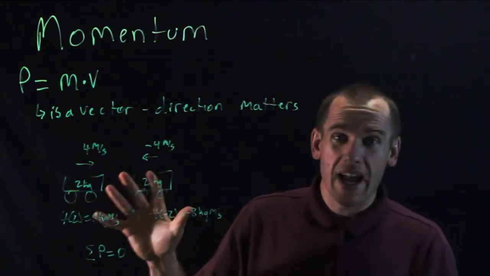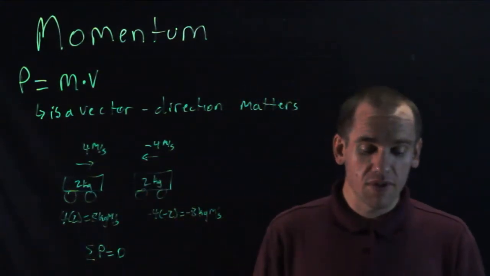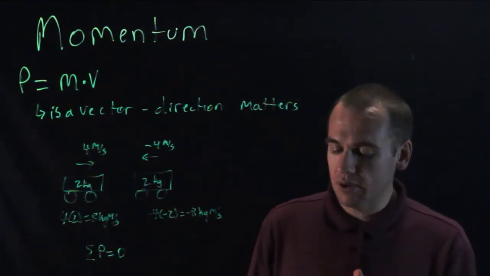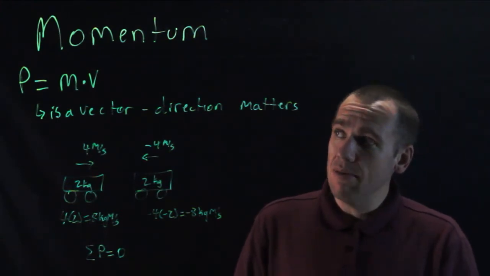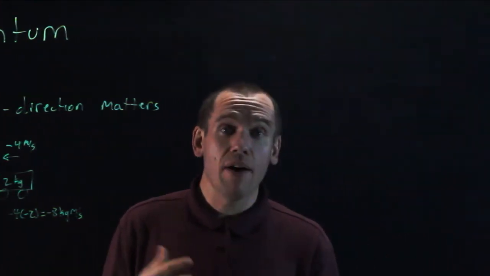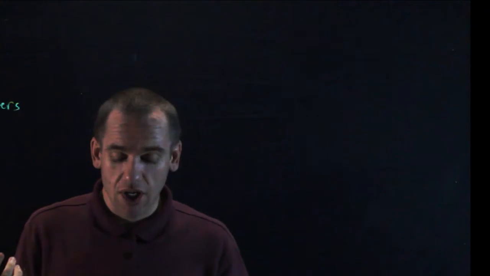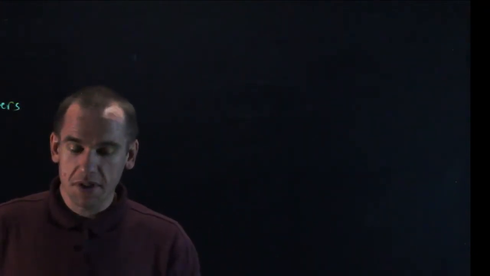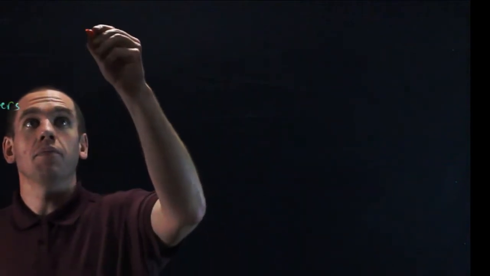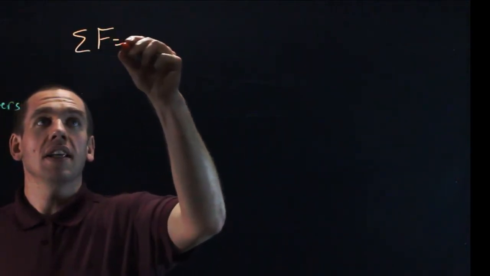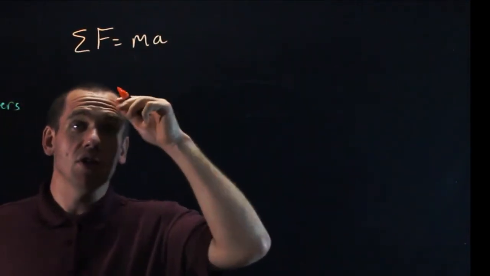Now, Newton actually did his work in terms of momentum. It wasn't net force equals mass times acceleration. He was rather interested in how the force acting on an object changed its momentum. And we should look at that. So remember, from Newton's second law, we have that net force equals mass times acceleration.